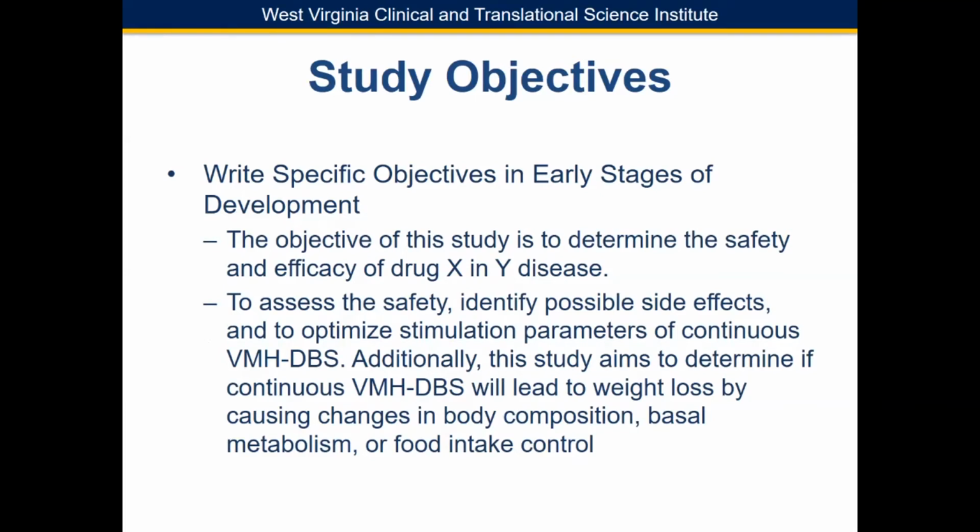My second one is: to assess the safety, identify possible side effects, and optimize stimulation parameters of continuous VMH-DBS. Additionally, the study aims to determine if continuous VMH-DBS will lead to weight loss by causing changes in body composition, basal metabolism, or food intake control.